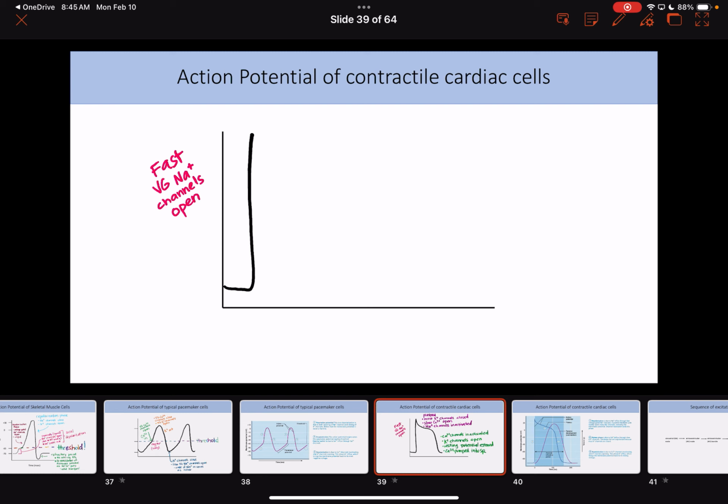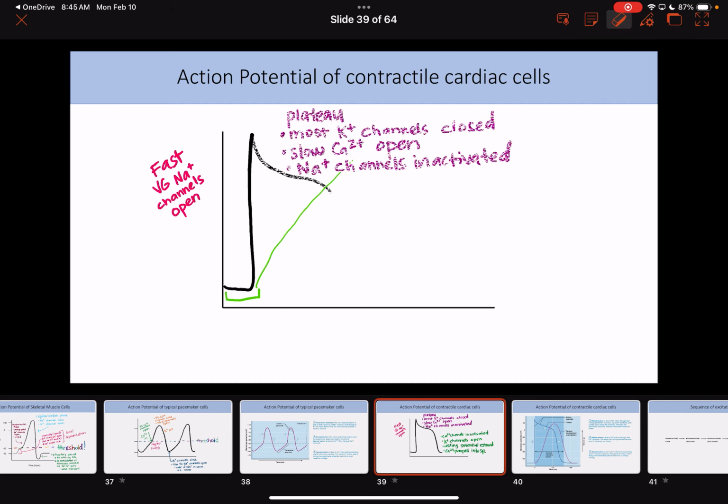With contractile cells, the depolarization phase happens very, very fast. You can see that there's a very small window here, and that incline is so steep. This is happening extremely fast to get to the max of our action potential.